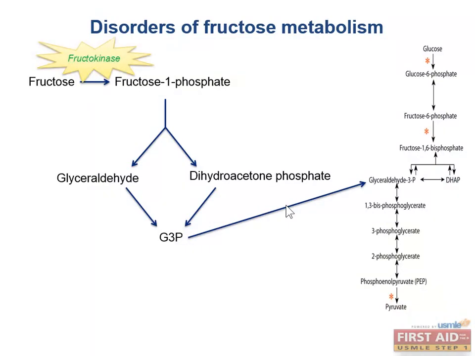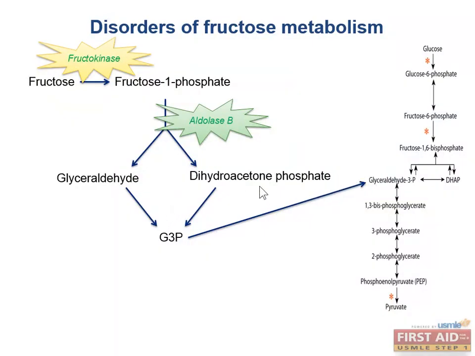Normally, it's converted into fructose 1-phosphate by fructokinase enzyme in the liver. The enzyme aldolase B then converts the fructose 1-phosphate to dihydroxyacetone phosphate and glyceraldehyde. The triose kinase can then combine these two to make G3P, which is one of the substrates in glycolysis.